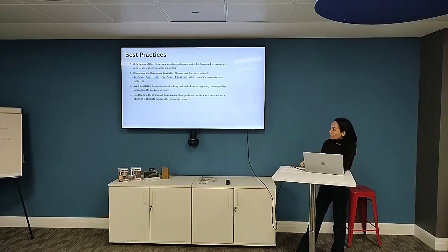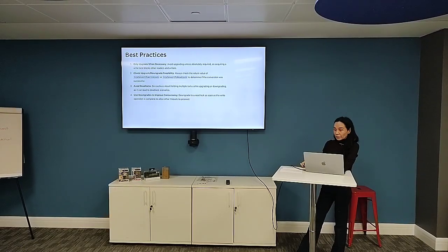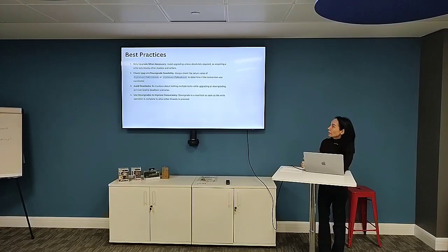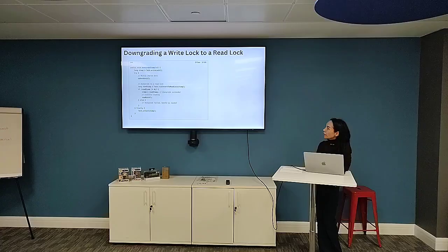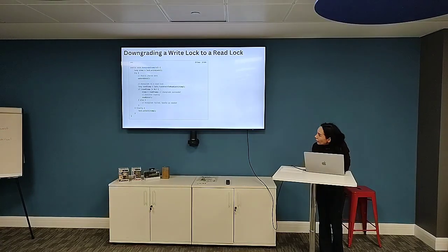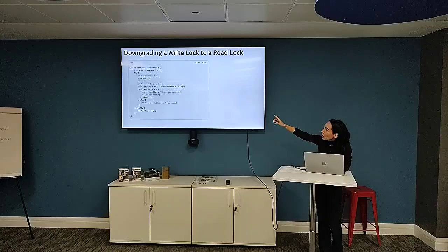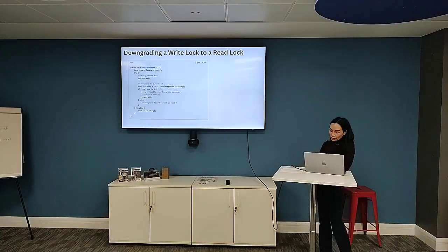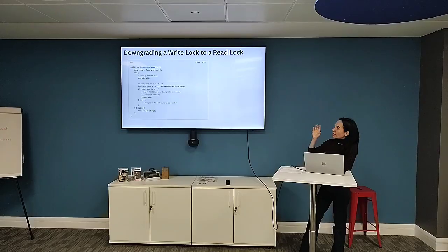Also, the best practice is to use tryWriteLock and tryReadLock. In my example, there is explicit locking with lock.writeLock, which counts as explicit. It means that when the thread calls this method, the thread will be blocked until it has a chance to acquire the lock.